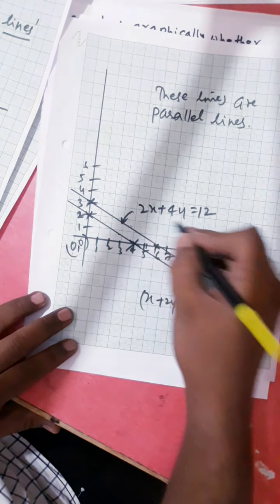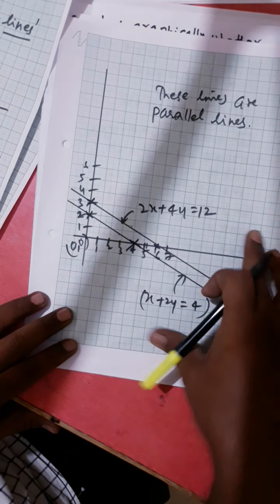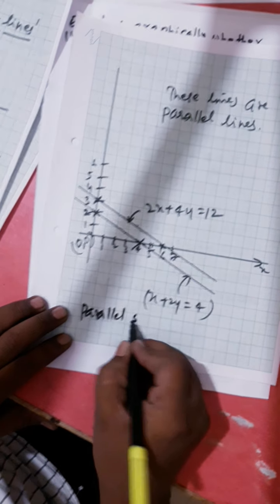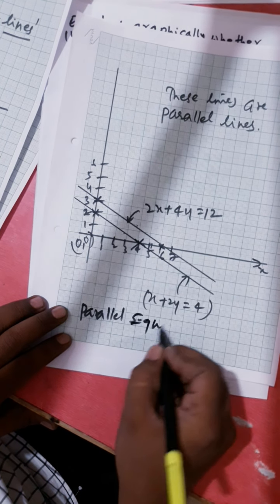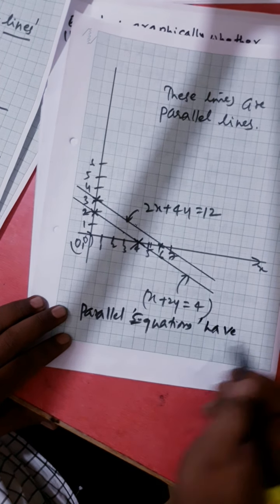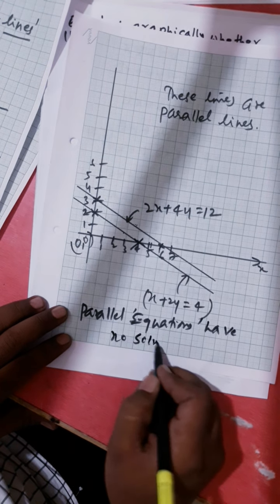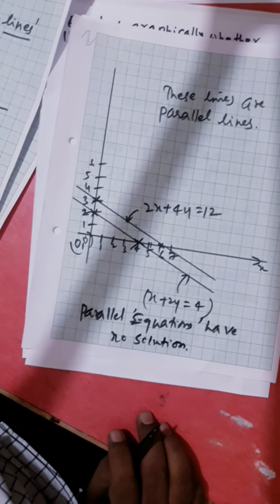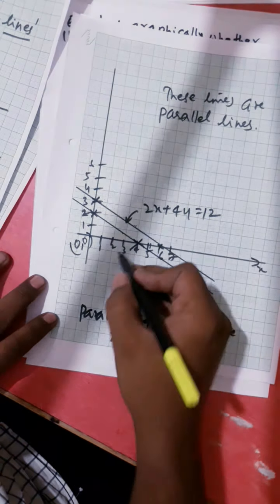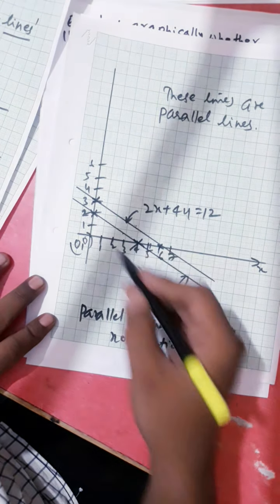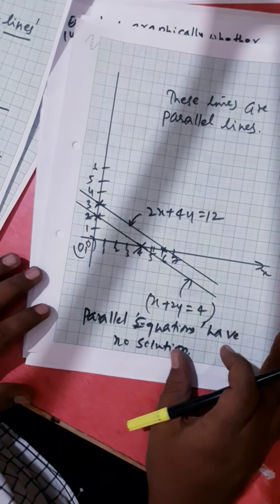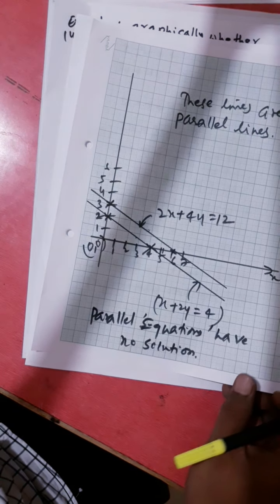Therefore, we say that parallel lines, or parallel equations, have no solution. For a point to be a solution, it should be common to both the lines. Since there is no point common to both, parallel lines have no solutions.